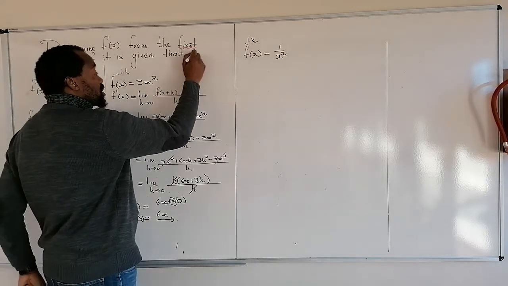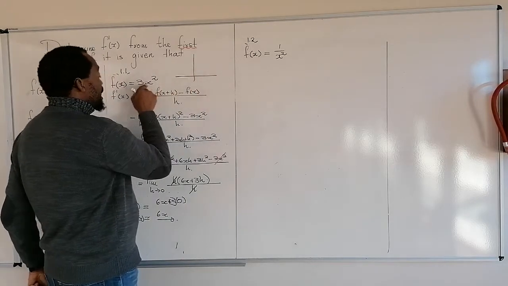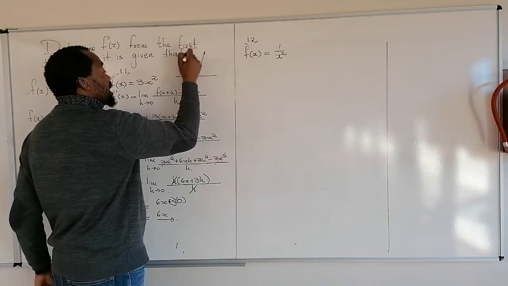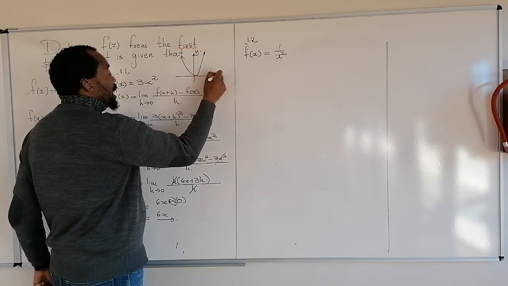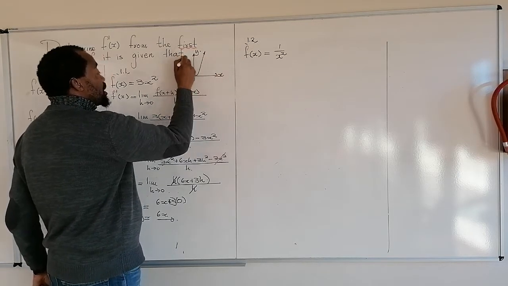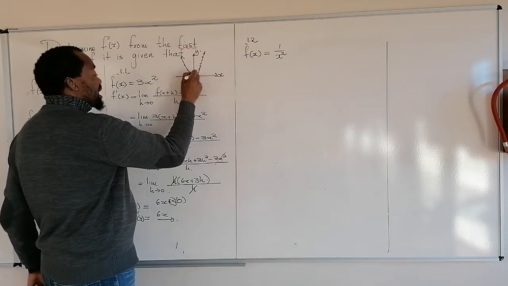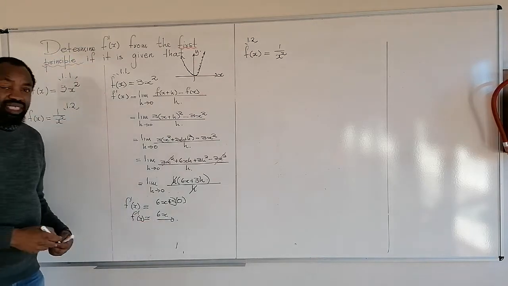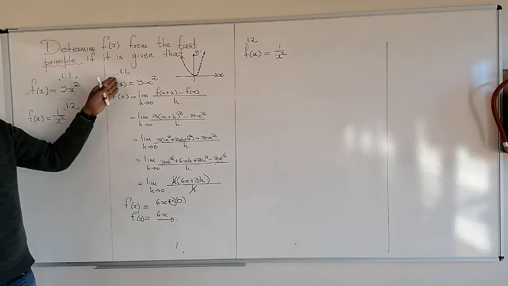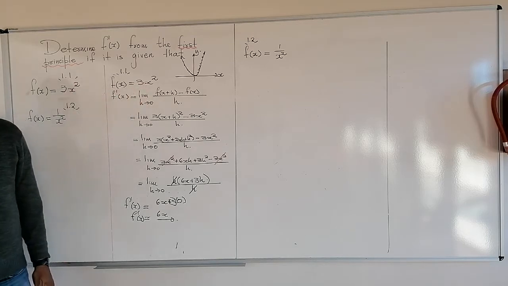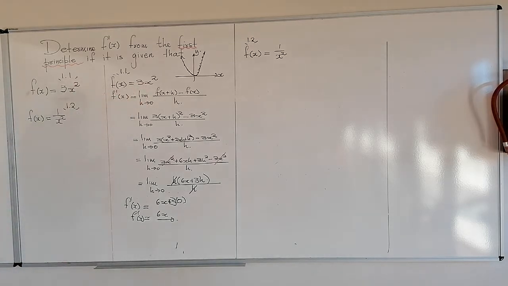If I can draw this function, which has the turning point at origin, that's y, that's x, I'll tell you that in every point there, the gradient is 6x. We have differentiated this function with respect to x. We differentiate so that we can get the gradient function.